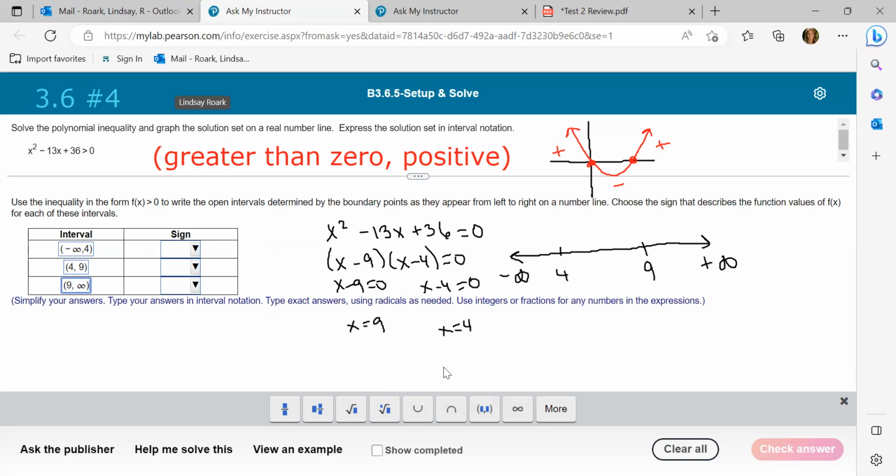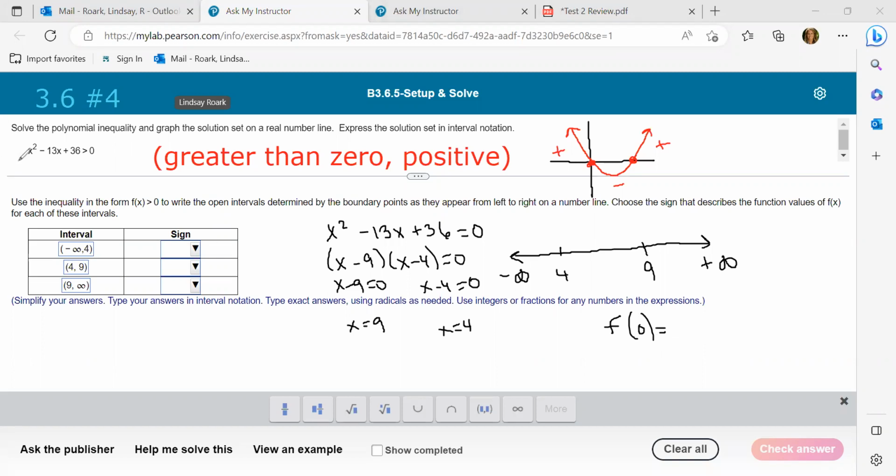Okay, now to find the sign, it looks like you can say positive or negative. There are a few choices of how to do this, right? You can pick points inside of these intervals. We can refer to that as test value work. So for instance, for the interval from -infinity to 4, I know which one I want for that one because it's the best one in my opinion, 0.